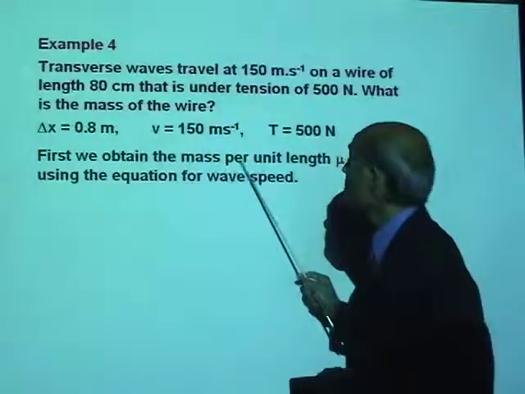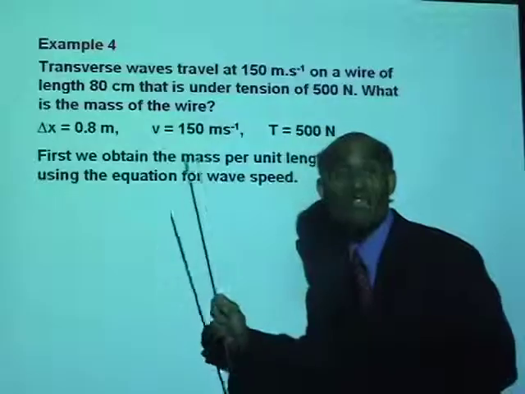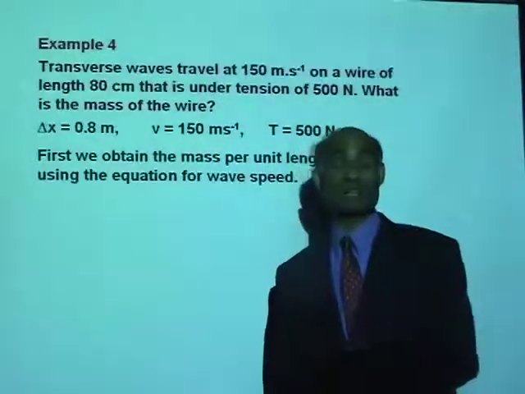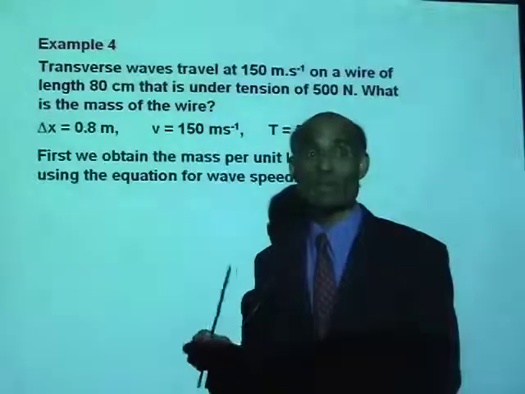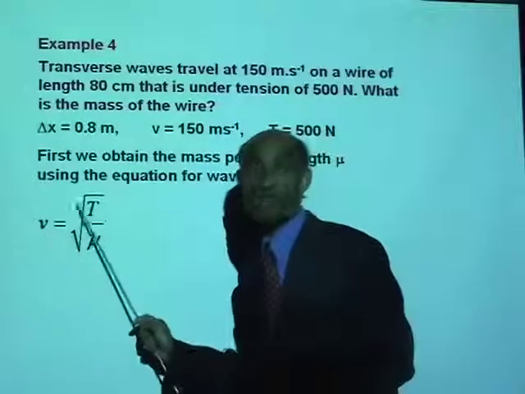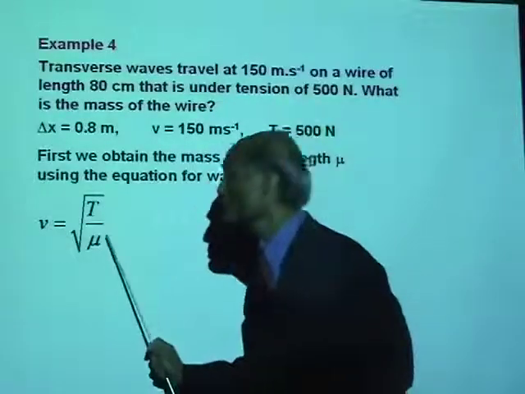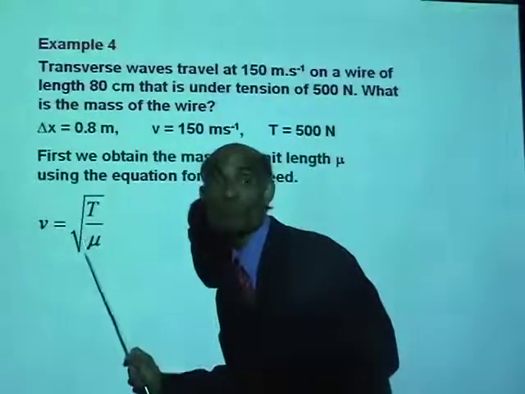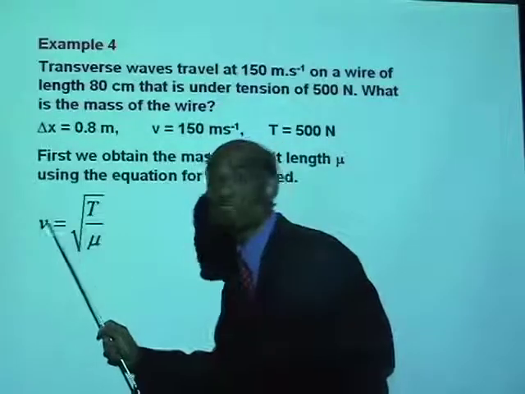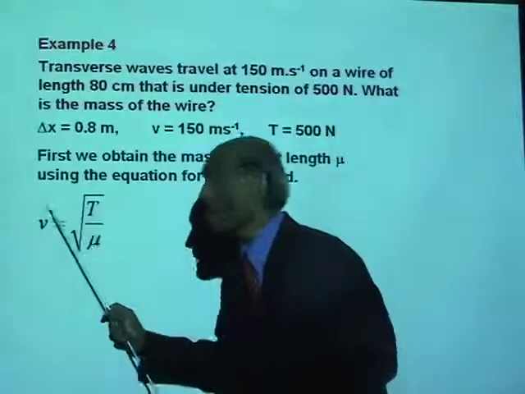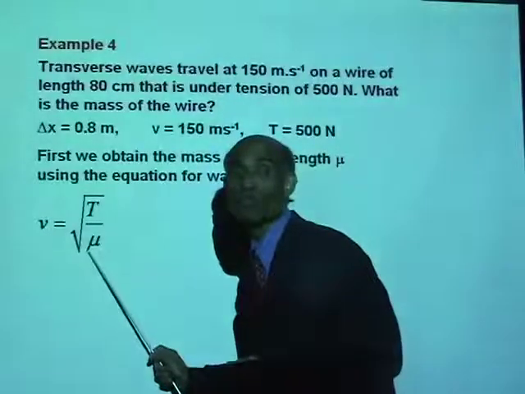First we obtain the mass per unit length mu using the equation for wave speed. What is the equation for the speed of transverse waves in a string? It is v equal to square root of T over mu. Can you mentally solve for mu from here? You can see, if you square both sides, v squared equal to T over mu.